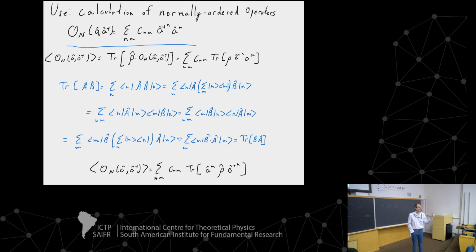You can take any function of A and A dagger and, by the proper commutation relations, put it into this normal ordering. When you do that and look at the expectation value, you'll basically be calculating the trace of rho times this operator. So it will be a combination of rho, A dagger to the N, A to the M.